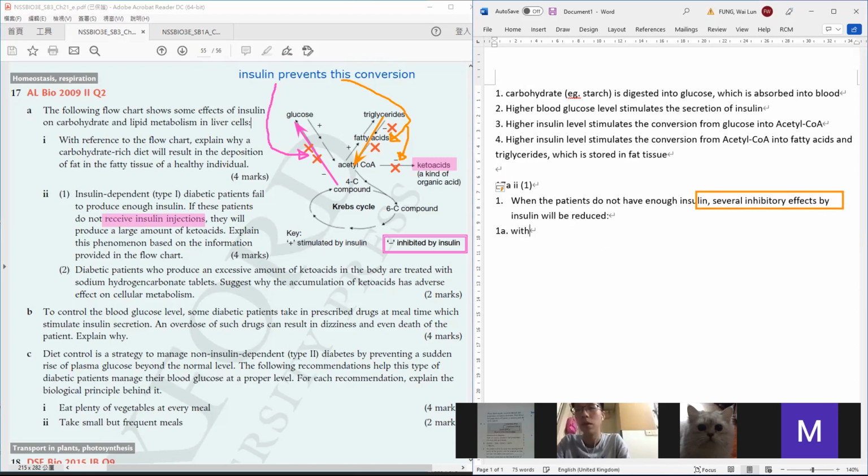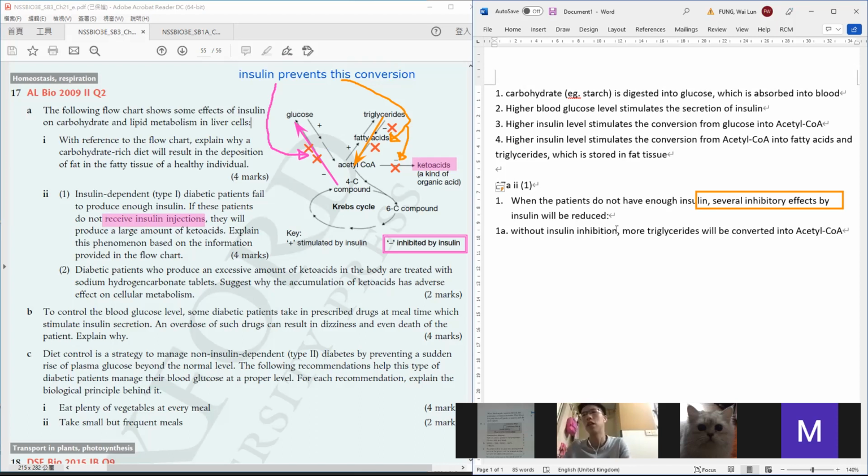Without insulin inhibition, more triglycerides will be converted into acetyl-CoA.